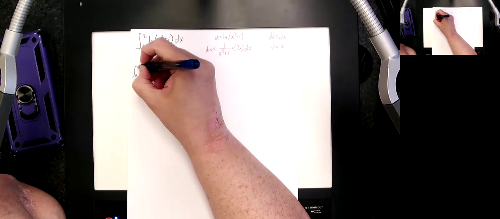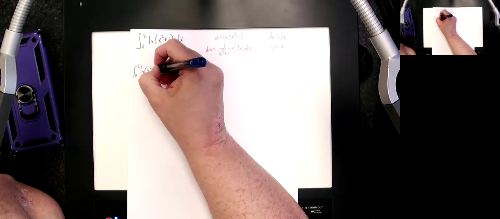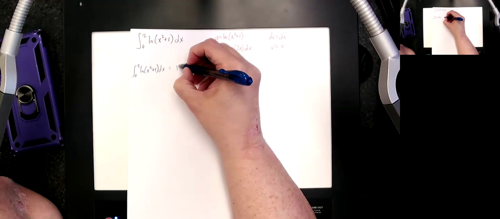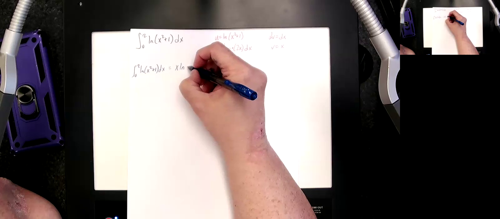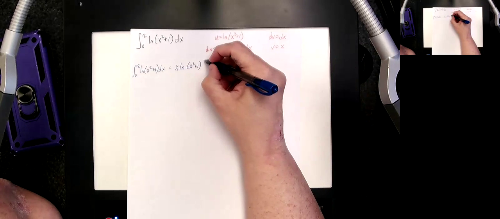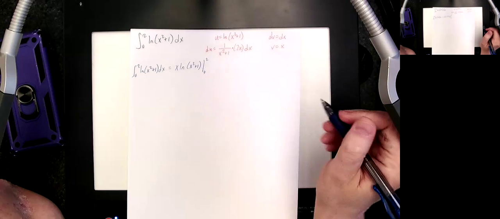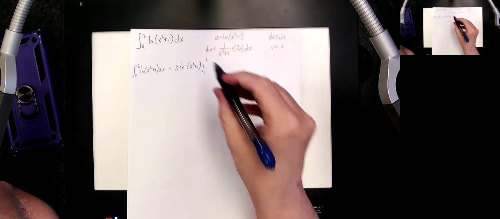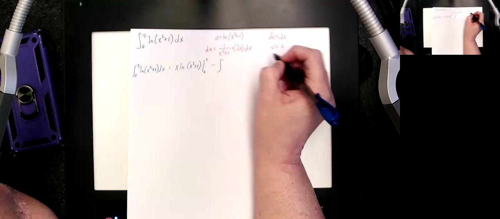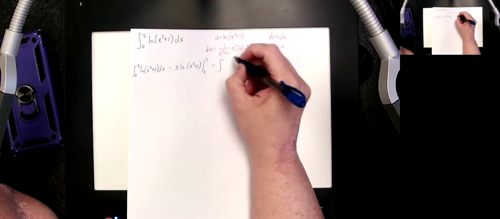So this becomes uv, which is x natural log of x squared plus 1, evaluated from 0 to 2, minus the integral of v du. I have an x here, I have an x there.